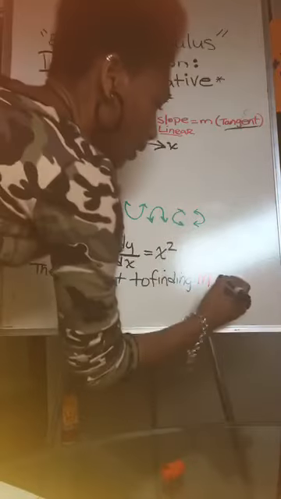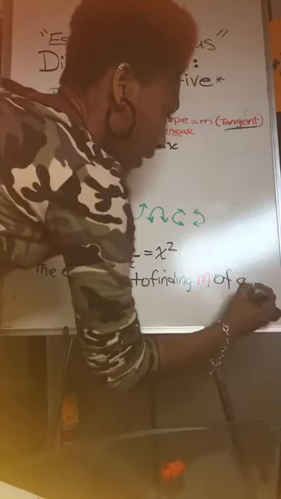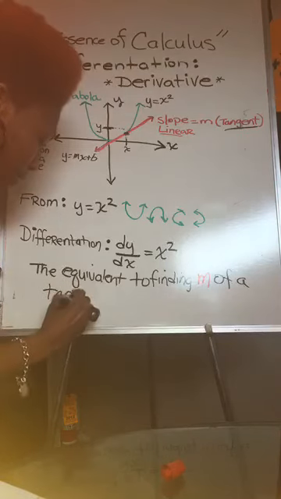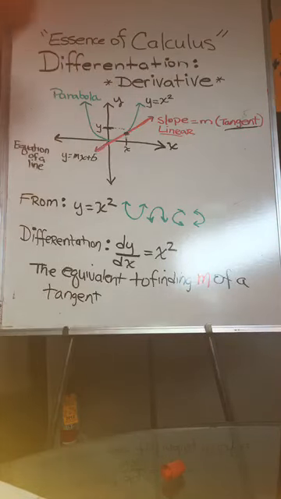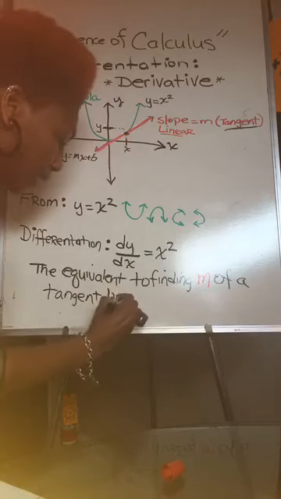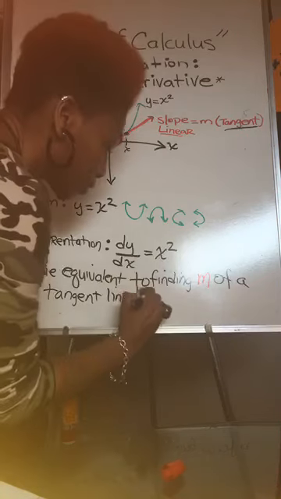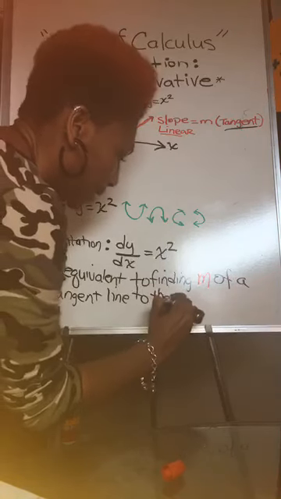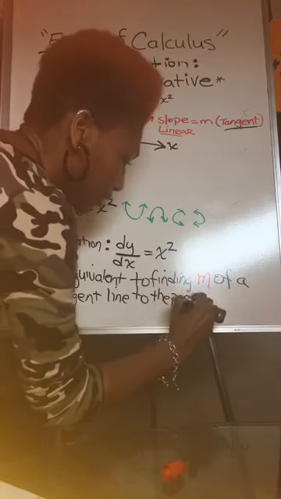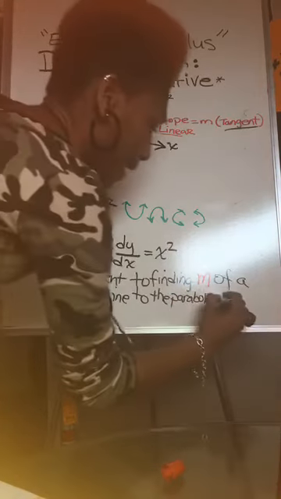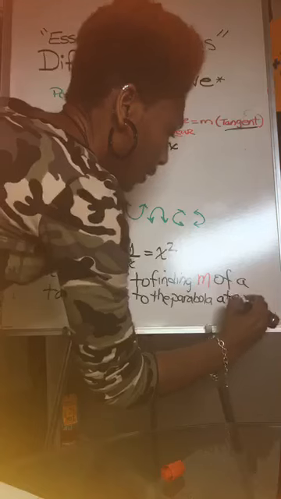of the slope of a tangent. That word tangent is going to keep coming back. Of a tangent line to the parabola, wow, these are tongue-twisting words, parabola, at a point.